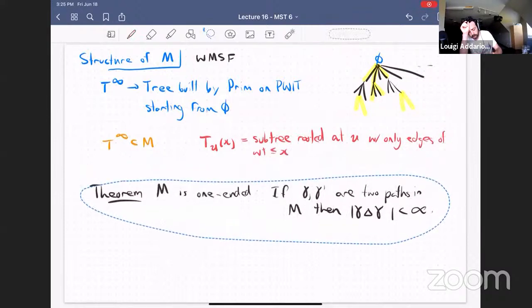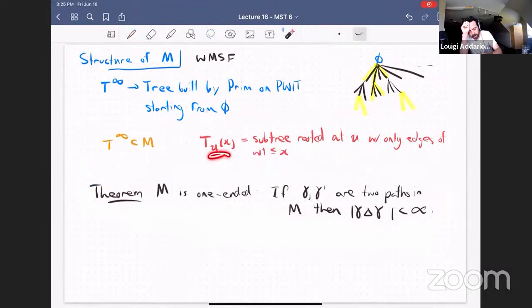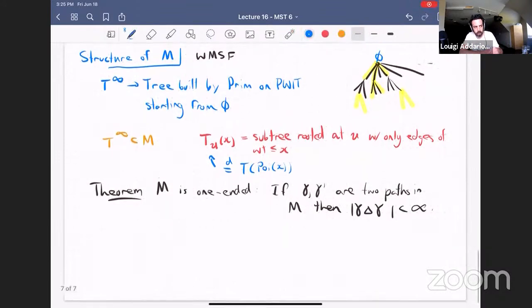I'm pretty sure I used this notation in the last lecture. This just says: at every node, you look downwards, as in my drawings, and from U you take all the edges of weight at most x. Then from whoever you chose, they look downwards, and take all edges of weight at most x. This is distributed as a Poisson x Galton-Watson tree. Not independent for different nodes, but from any fixed node, it's a Poisson x Galton-Watson tree.